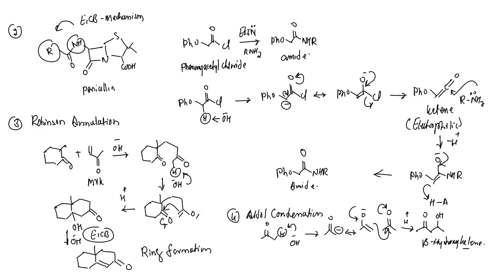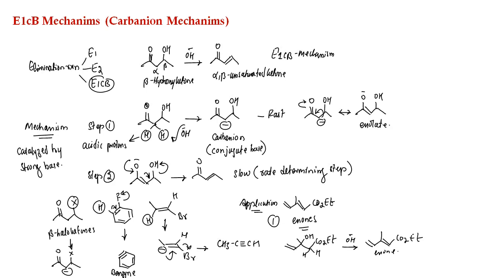So let's revise the important point again. Usually elimination reaction proceeds through three different mechanisms such as E1 unimolecular elimination reaction, E2 bimolecular elimination reaction, and E1cb unimolecular conjugate base elimination reaction.